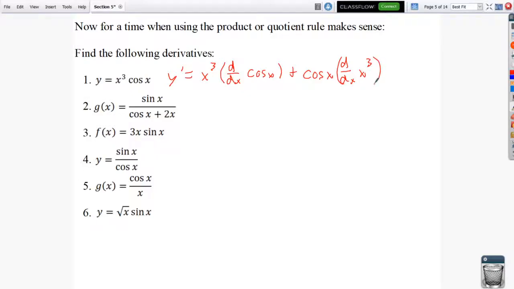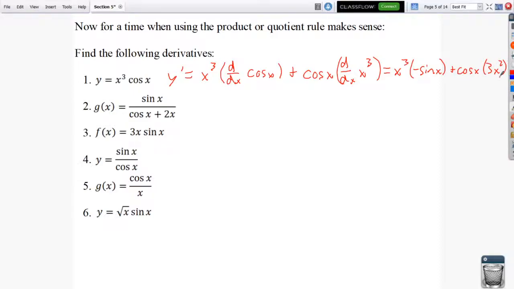So that's how I can write all of my work. Really, ultimately, this gets into x cubed times the derivative of cosine. Again, we just put down that it was negative sine of x. Plus cosine x times the derivative of x cubed. I hope you know that's 3x squared.